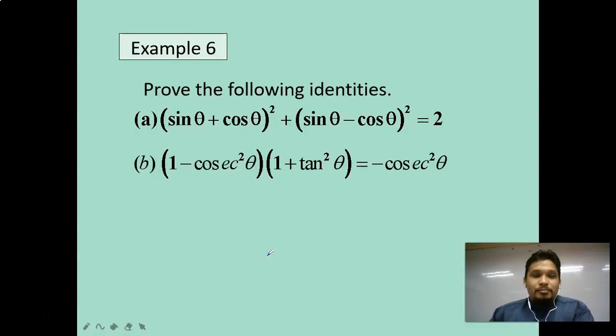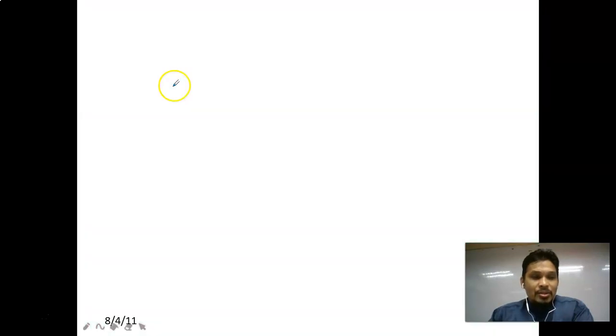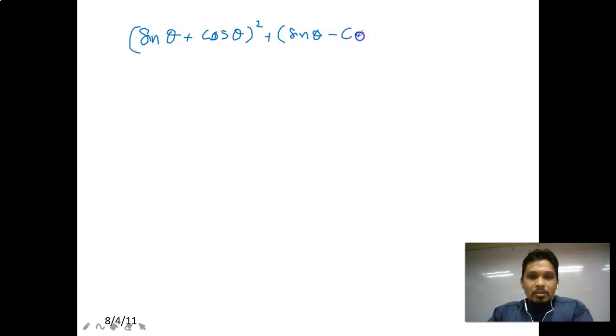Okay, first one here: sine theta plus cos theta, squared, plus sine theta minus cos theta, squared, equals 2.